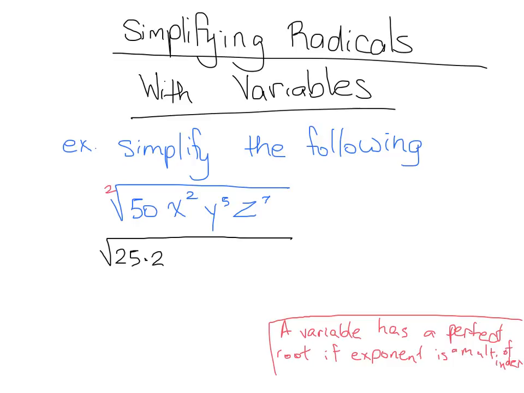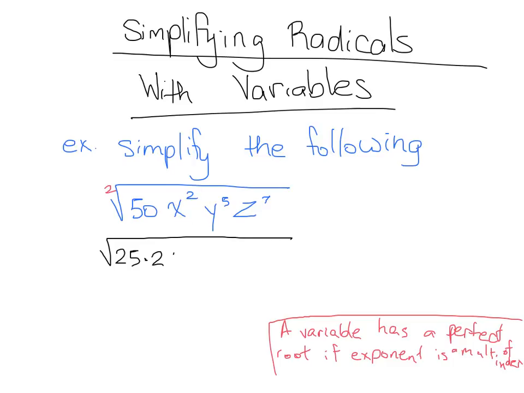What do I mean by that? In this case, our index is 2 and our exponent is 2. So for our x's, our exponent is a multiple of the index, so this is a perfect square. I will repeat: index is 2, exponent is 2, which means our exponent is a multiple of the index, so that's a perfect square.